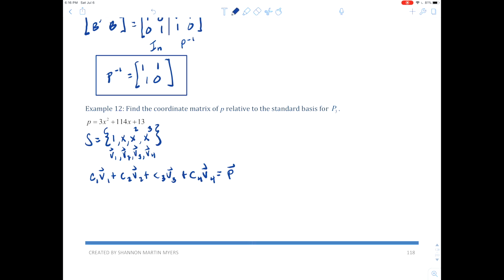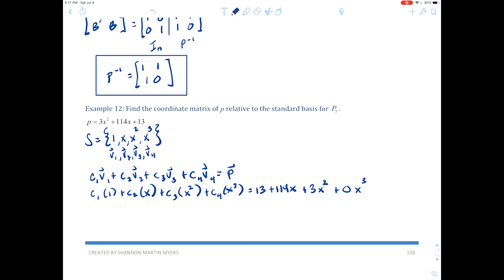So what do we have? Well, we'll have c1 times 1 plus c2 times x plus c3 times x squared plus c4 times x cubed would equal, I'll do it in ascending order, 13 plus 114x plus 3x squared, and we don't have any cubed terms, so I'm going to just say plus 0x cubed.